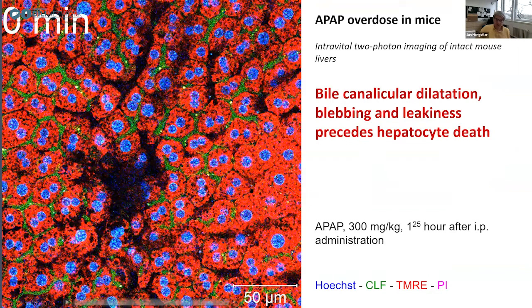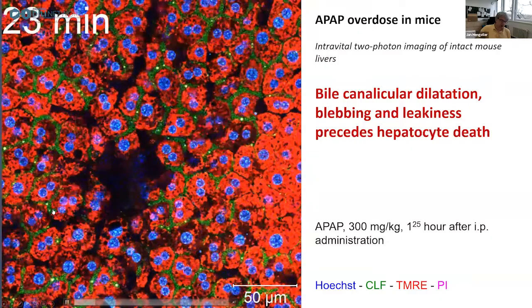So this video begins 1 hour and 25 minutes after an APAP overdose. In red, you see TMRE, which is mitochondrial activity. And green is CLF, the bile salt analog. And perhaps when I start the video now, focus on this cell.